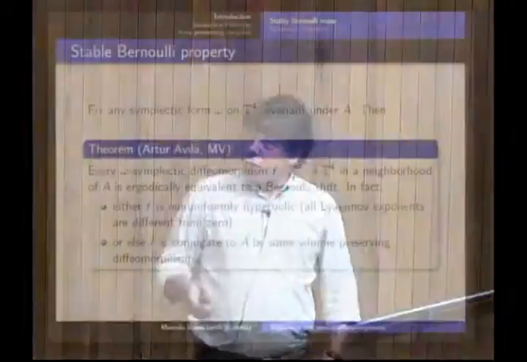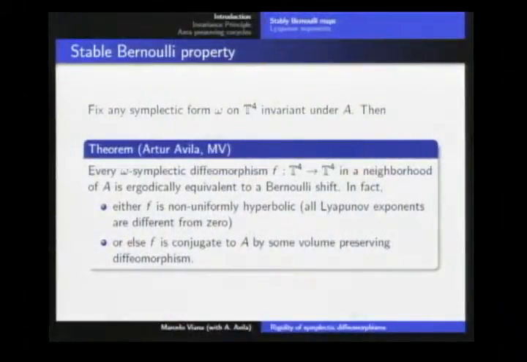I'm not being very precise at this point about the smoothness of the diffeomorphism, but if you put yourself in the C infinity category, then the conjugacy is C infinity. Or else, your map is non-uniformly hyperbolic. And that's what the theorem says.